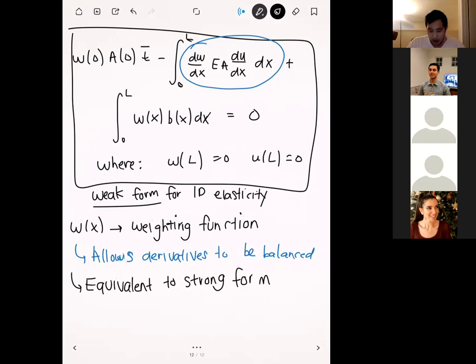Even though these equations look very different, strong and weak form are equivalent problems. If you solve one, you get the same solution for the other as well. Another piece of trivia that you may or may not have covered in a previous solid mechanics class is that you can get this same form through the principle of virtual work.